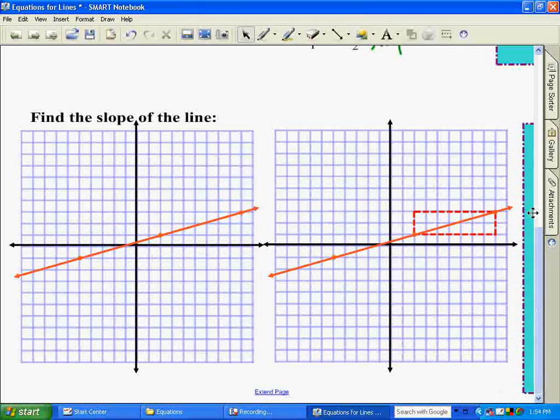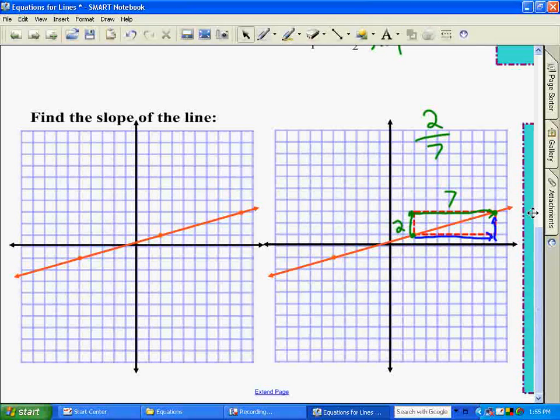I would make like steps, and I would say if I'm going from this point to this point, I'm going to go up 2, and I'm going to go to the right 2, 4, 6, 7. So that's a rise of 2 over a run of 7. So 2 over 7, 2/7. You could have gone the other way too, which I showed as well. That's fine, it's the same thing.